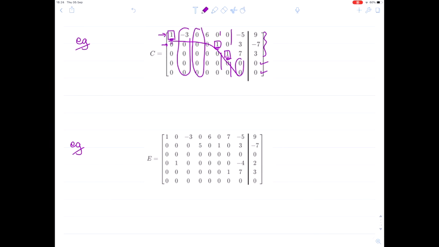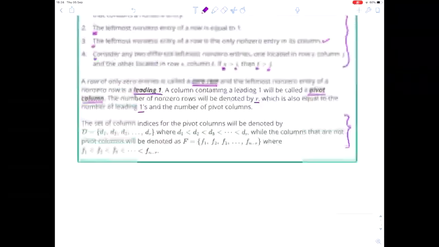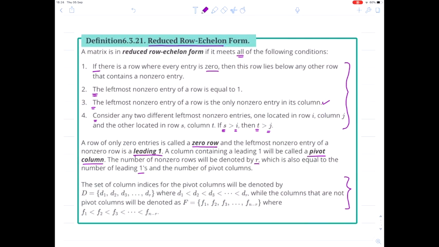So it's helpful to have a look at a matrix that isn't in row echelon form. The first thing you'll notice with matrix E is we've got a 0 row here, which should in fact be moved down to the bottom, because we've said that we want all our 0 rows at the bottom. The leftmost non-zero entry of a row is equal to 1.